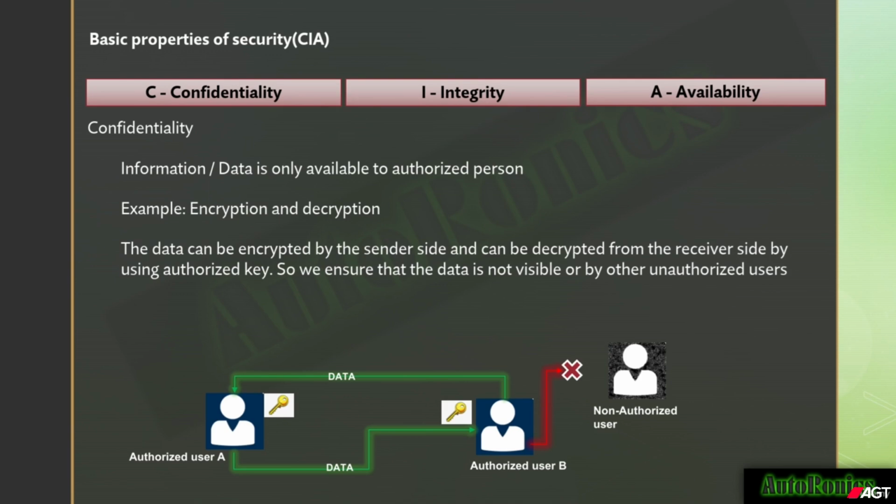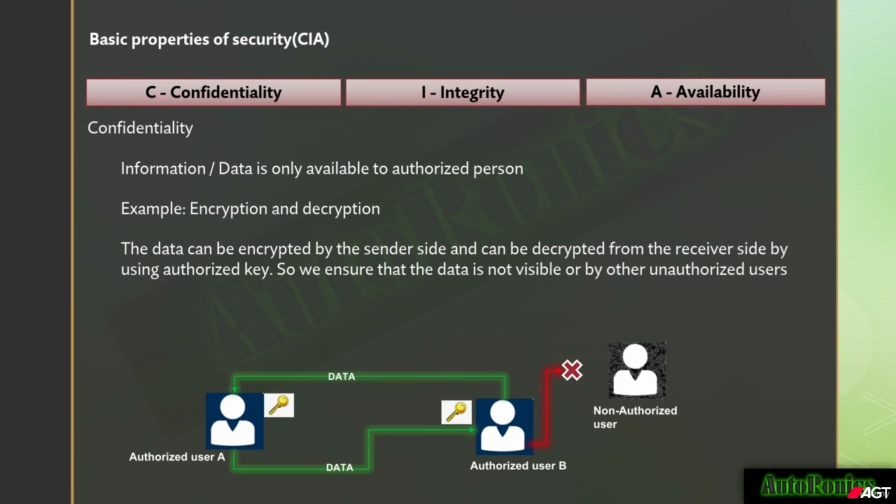The same concept applies here, where authorized user A encrypts the plain text using the key and sends the encrypted data to the authorized user B. And authorized user B decrypts it using the same key which authorized user A used and gets the actual plain text.